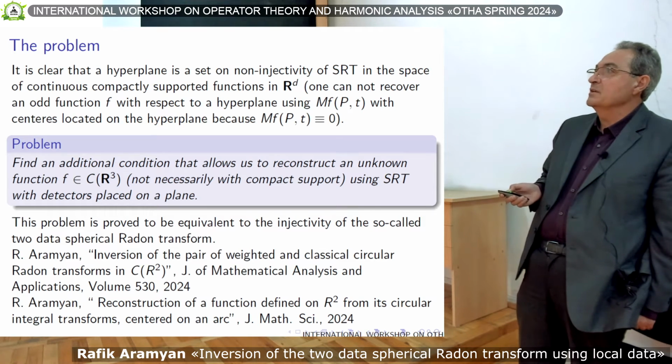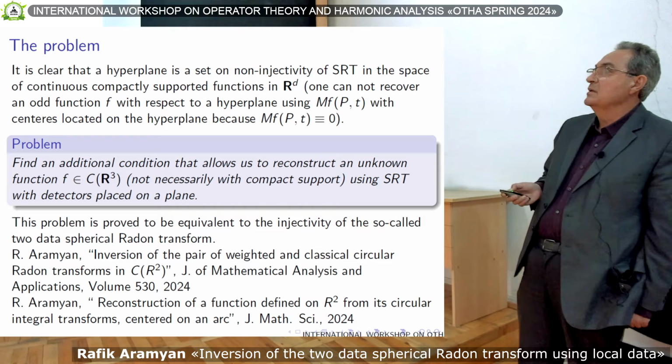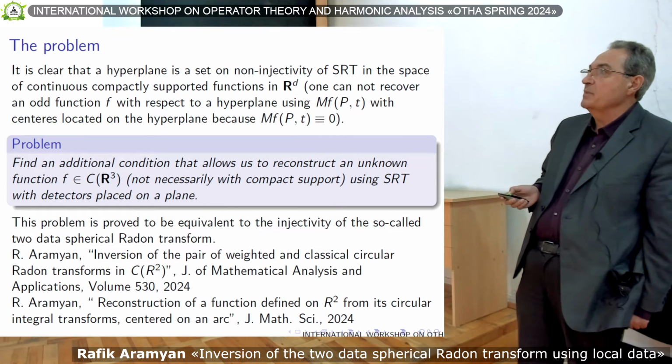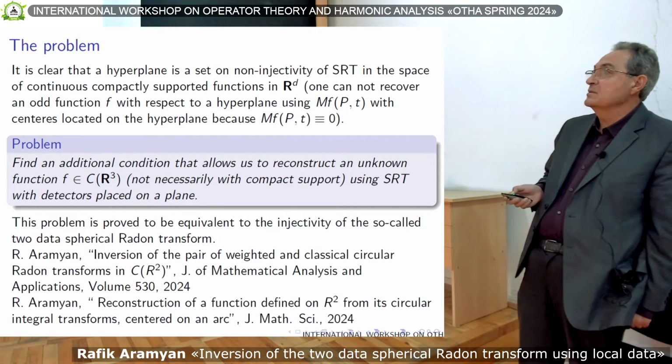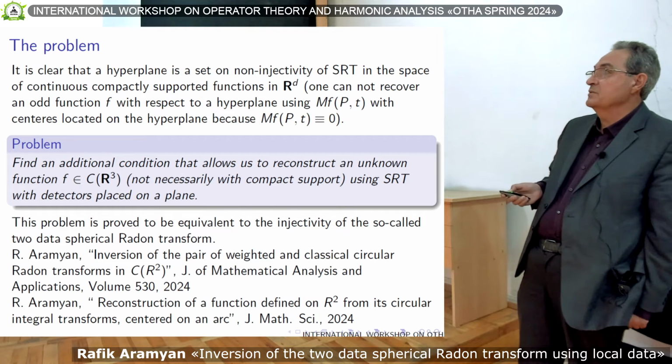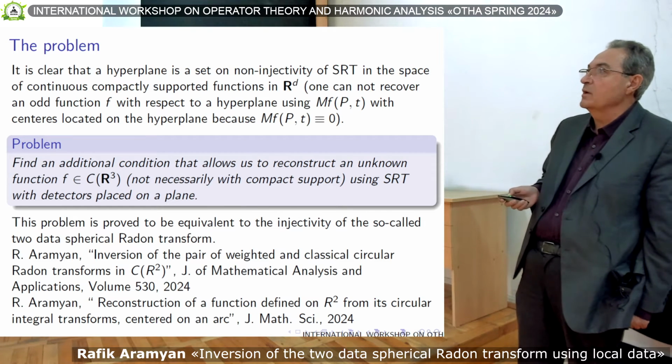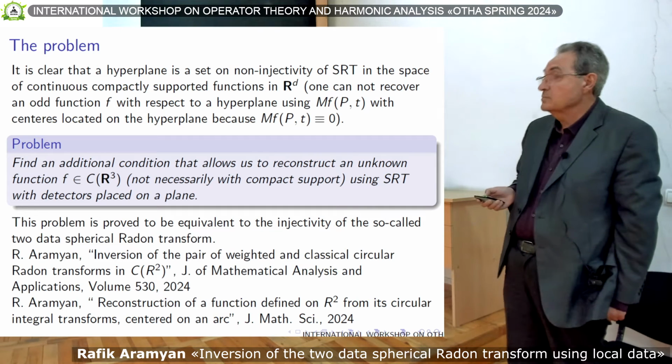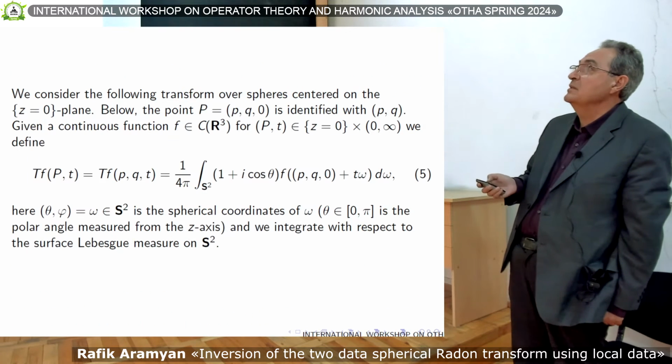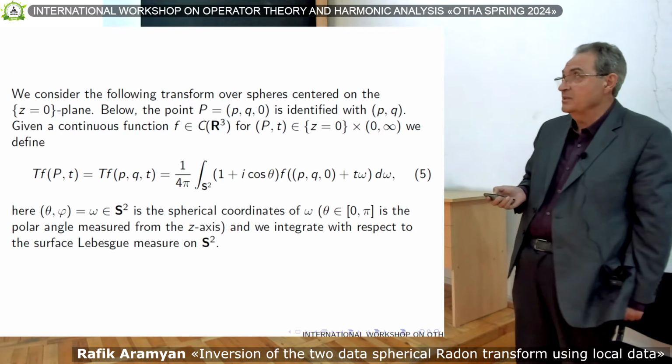In the first article, inversion of the pair of weighted and classical circular Radon transform in the plane, Journal of Mathematics Application, and in the second article, reconstruction of function from circular integrals centered on an arc, Journal of Mathematical Sciences. And now I will present the solution for the three-dimensional case.